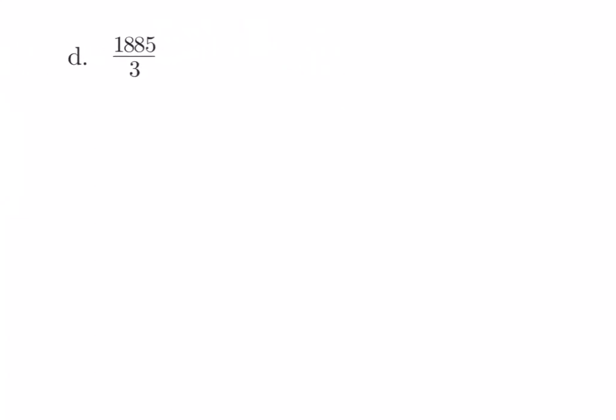All right, last one. Let's go ahead and try this. So this one, remember that first or top number goes inside, so I'm going to put my 1885 inside my division house. I'm going to put 3 on the outside. 3 goes into 18 6 times. 6 times 3 is 18.